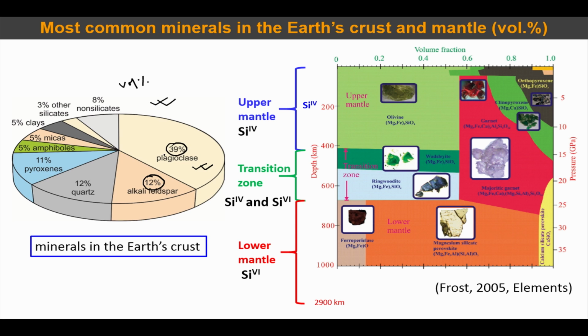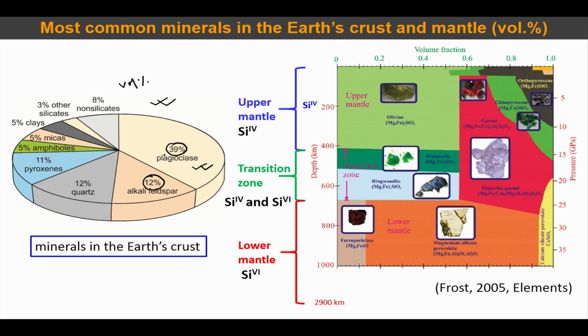All these elements are present in feldspar, and because of that the two most abundant minerals in the earth crust are plagioclase and alkali feldspar.